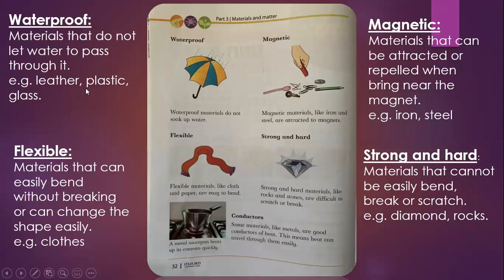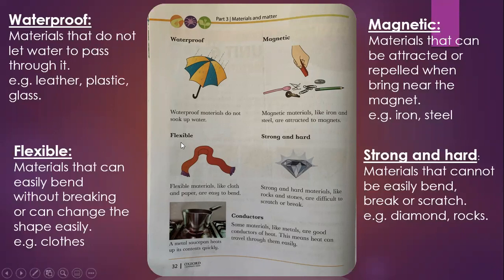For example, leather, plastic, or even glass. If you close the window and it is raining outside, then water cannot come inside your house. And umbrellas are sometimes made from leather or sometimes from plastic, so that water cannot come through. So these materials are called waterproof, which do not let water pass through.